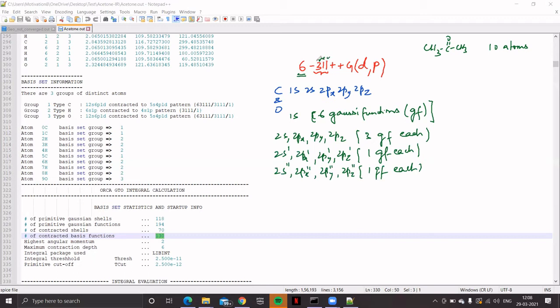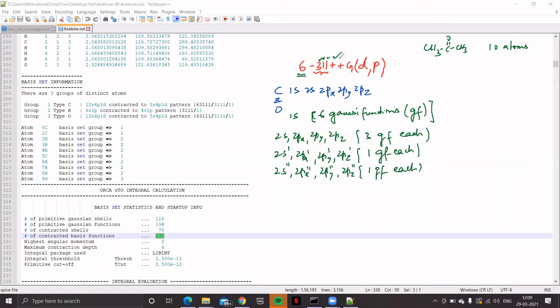Now, if the system has an atom with negative charge or lone pair, then in that case you are required to provide a function which can spread out in bigger space. So for that you provide this diffuse function, plus.